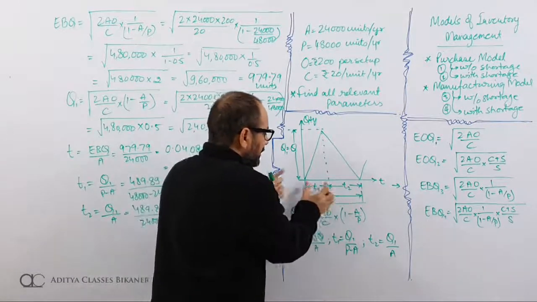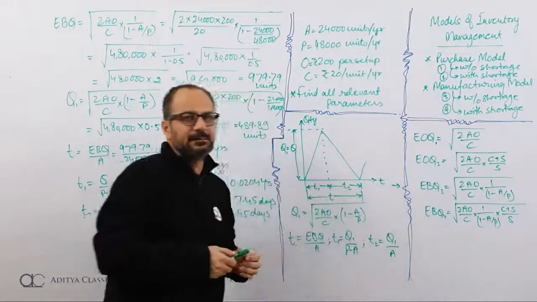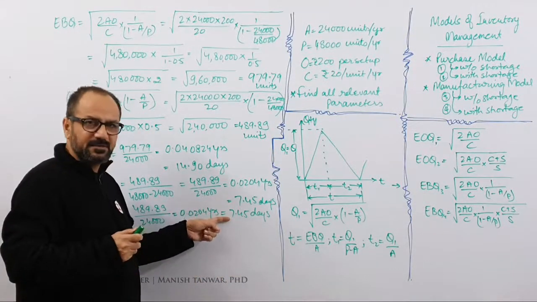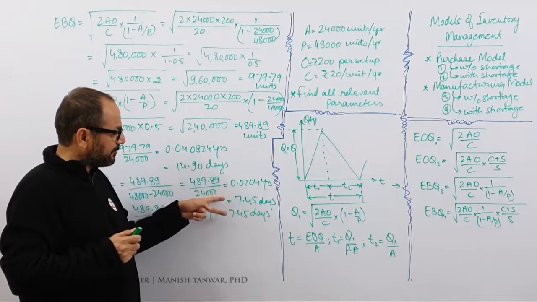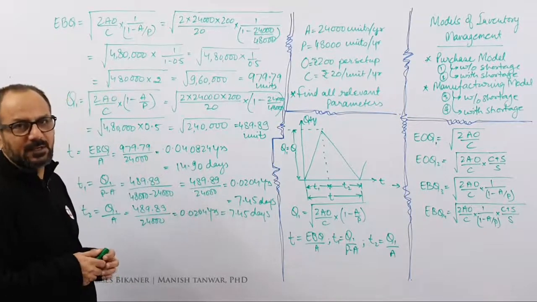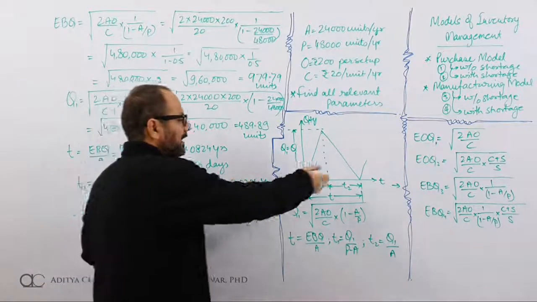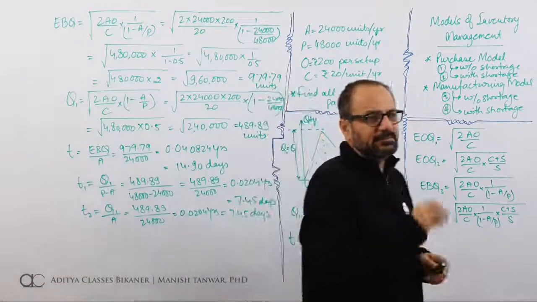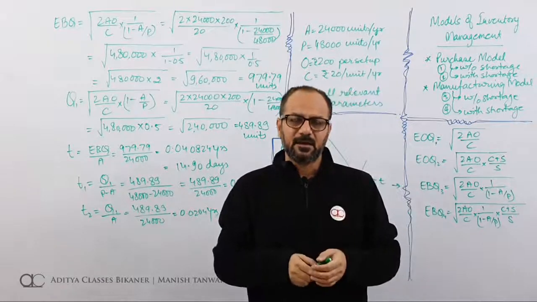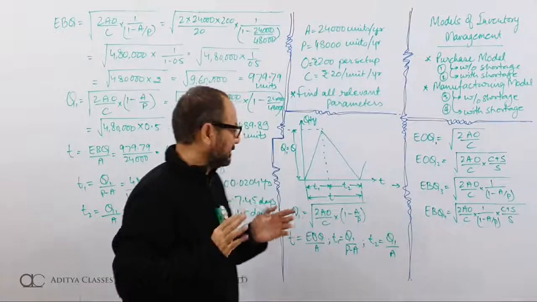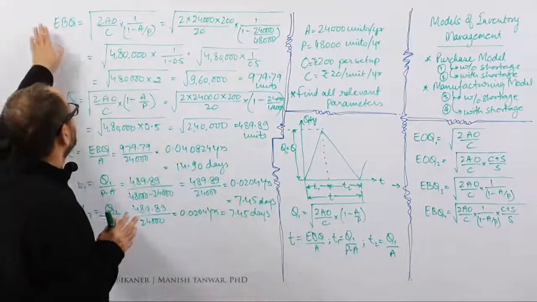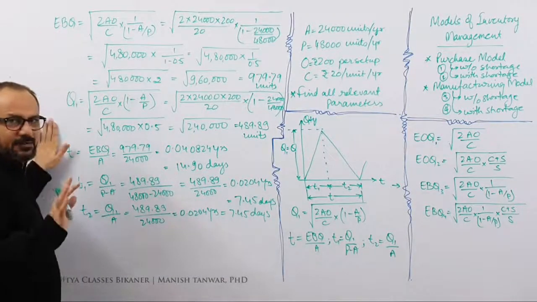T1 and T2. T1 plus T2 should give me T. T1 is 7.45, T2 is 7.45. If I add them, they should be 14.9 and my T was 14.9. So, it is always a very good idea to add your T1, T2, T3, T4s to get T. If they are perfectly adding, like in this case 14.9, 14.9, then definitely EOQ and Q1 have been found out correctly.